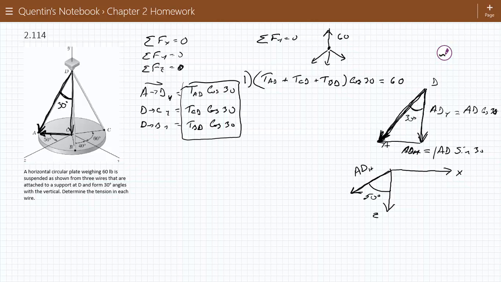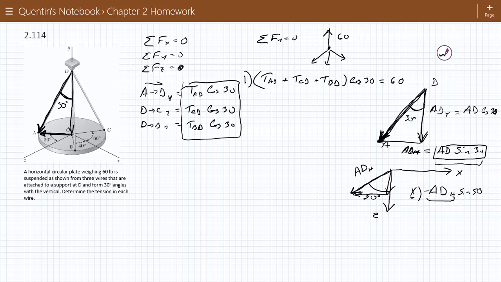So this is what we called the AD in the horizontal. And we figured out what that is. It's AD sine 30. Okay, so what is the x component of it and what is the z component of it? Well, the x is going to be AD horizontal times, it's the opposite over that angle of 50 degrees, so times sine of 50, and it's in the opposite direction of x, and so it's minus AD horizontal sine 50. But we know what this is, we just wrote it up here.